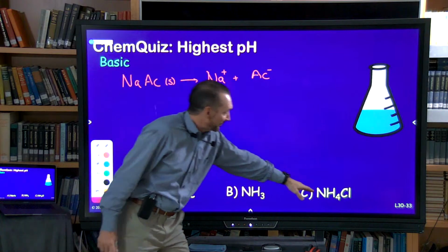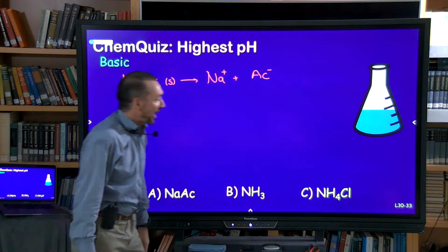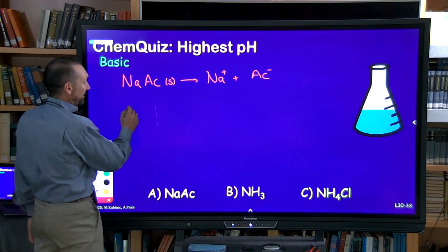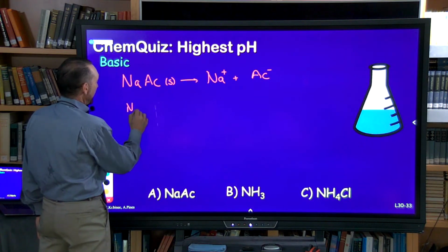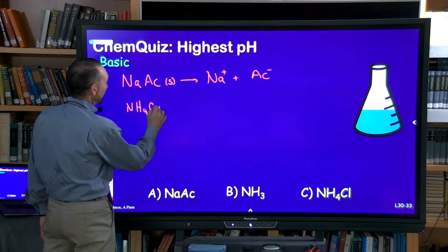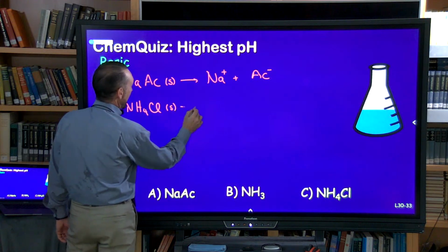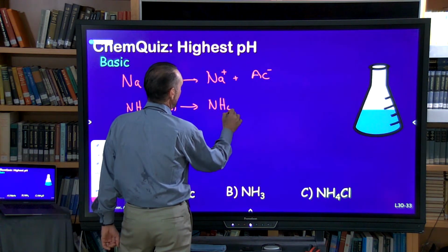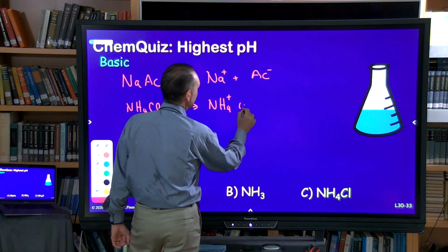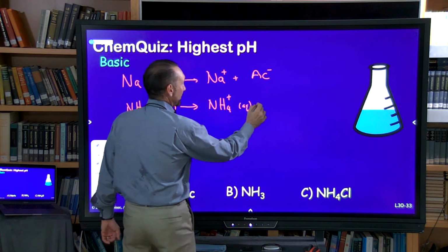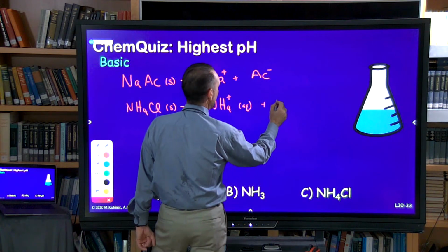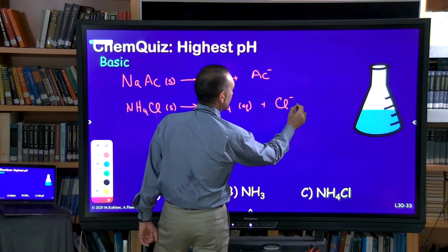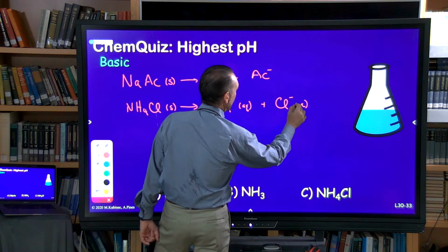Same thing here. All chlorides are soluble. So if I take NH4Cl solid and put that in solution, that gives me NH4 plus, and these are aqueous now, plus Cl minus, aqueous.